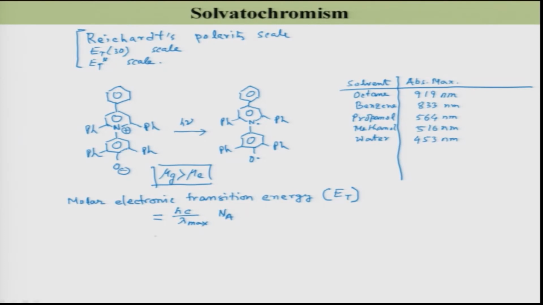Okay, so I can write all the values. h is 6.626 times 10 to the power minus 34 joule second. c is 3 times 10 to the power 8 meter per second.